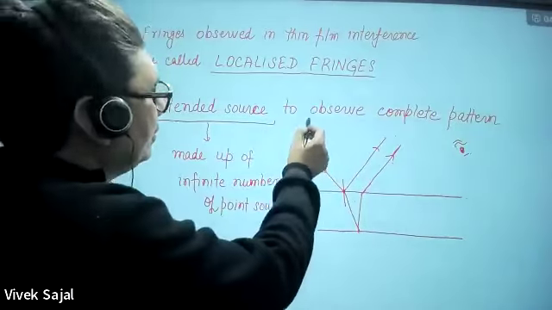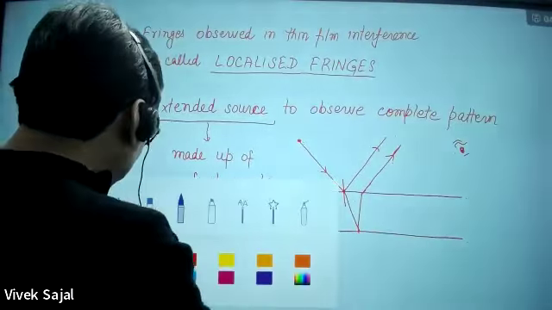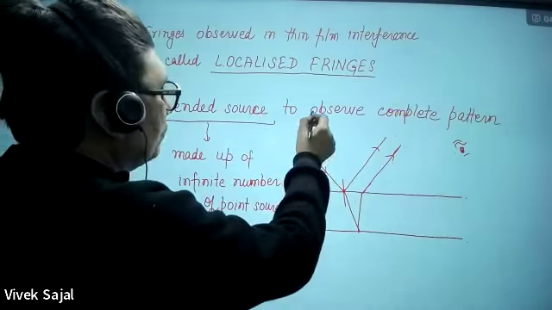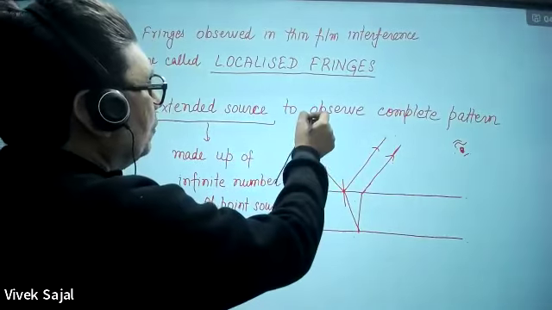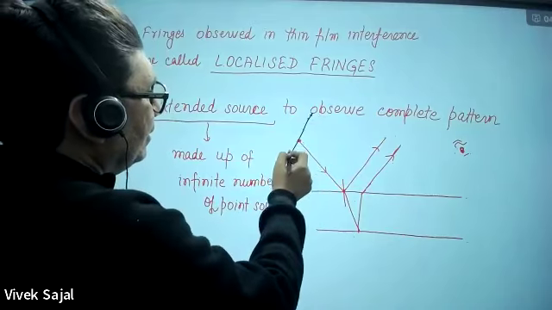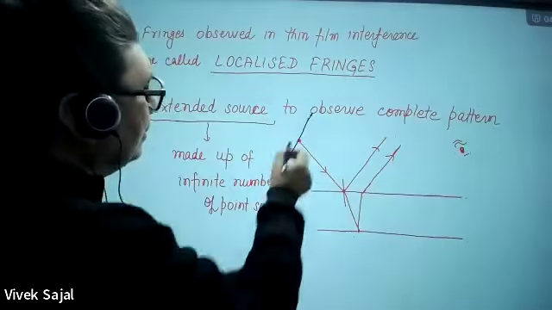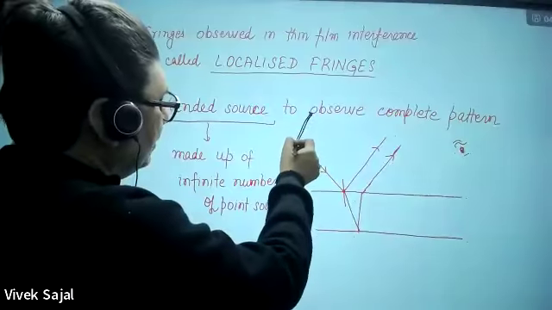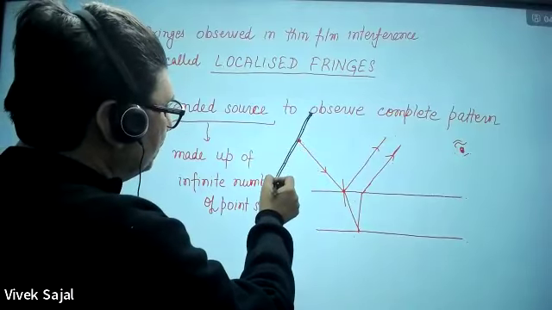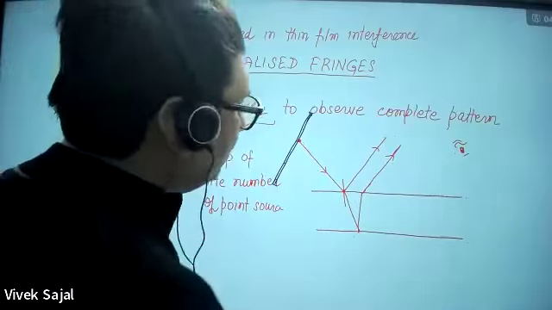So what do you need here? You need an extended source, which is made up of an infinite number of point sources. So this is an extended source. What is going to happen?